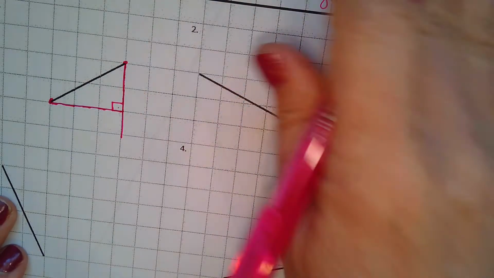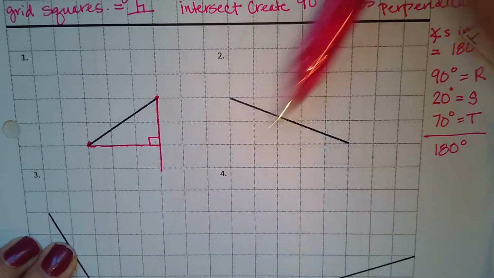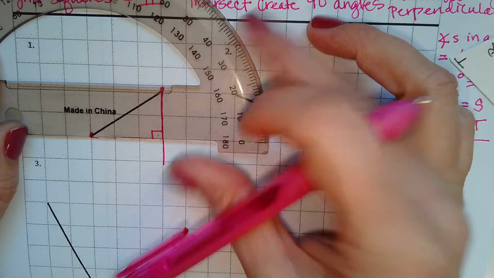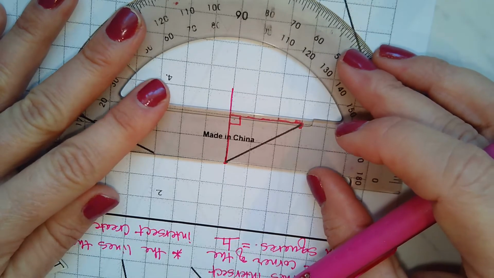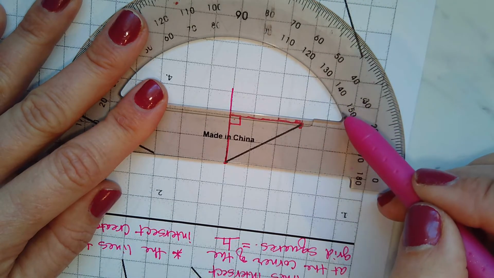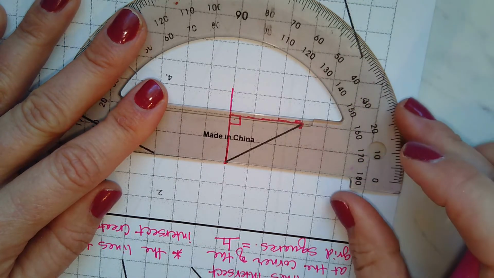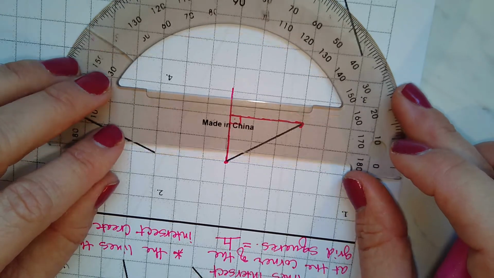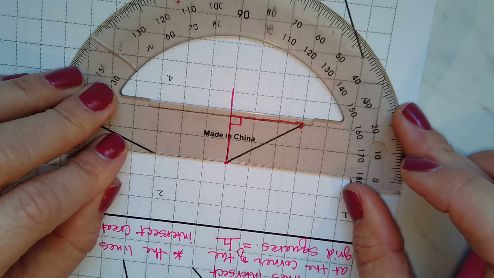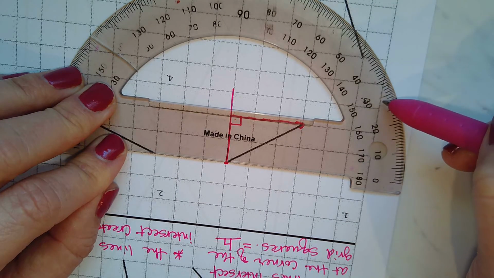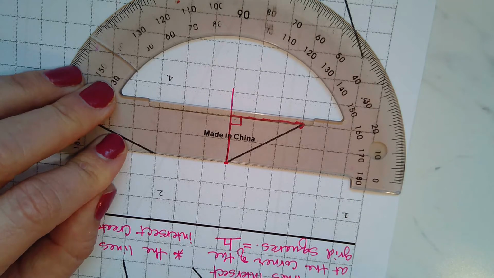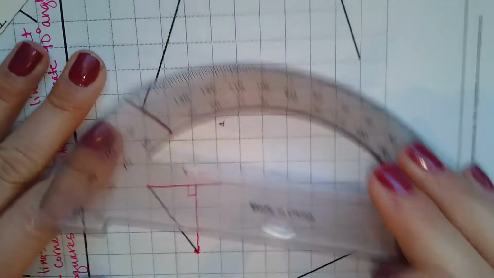So if this is 90, what is this angle here? This is a 40-degree angle. And what is this angle here? Well, it shows 40 and about 35, so that can't be, because it has to add up to 90.